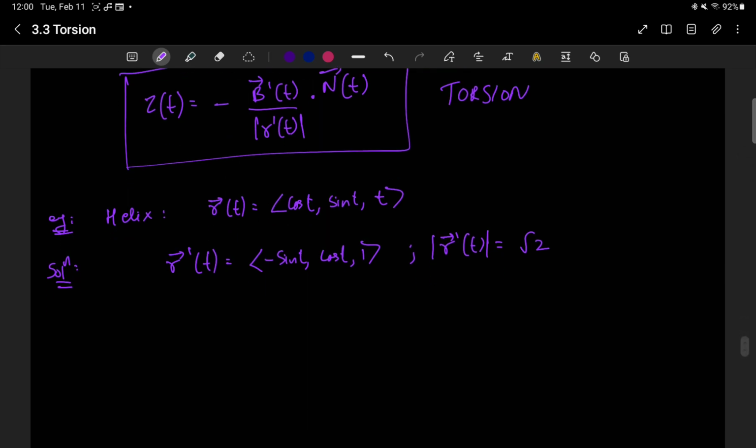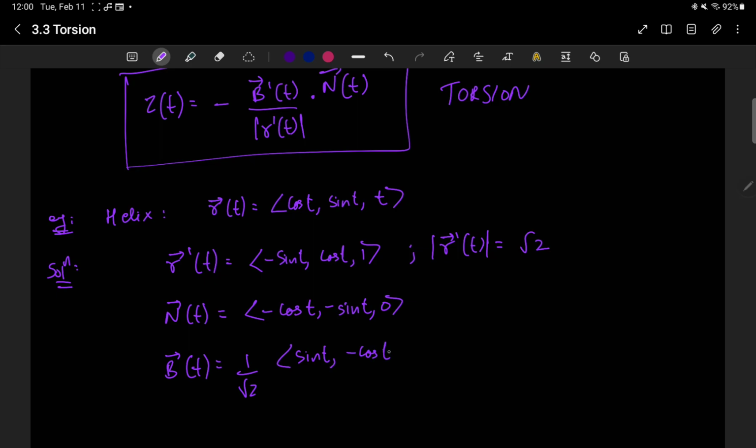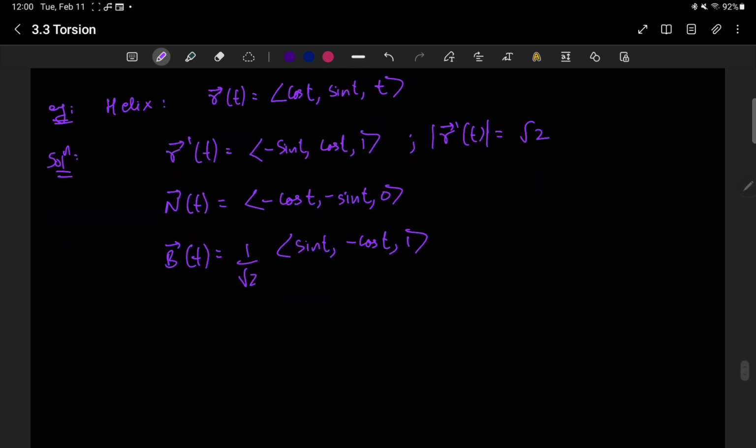And if you look at the example from the previous lecture, for the helix we also computed the normal vector and the binormal vector. The normal vector is negative cosine t, negative sine t, 0, and the binormal vector has a 1 over root 2, and it is sine t, negative cosine t, and 1.